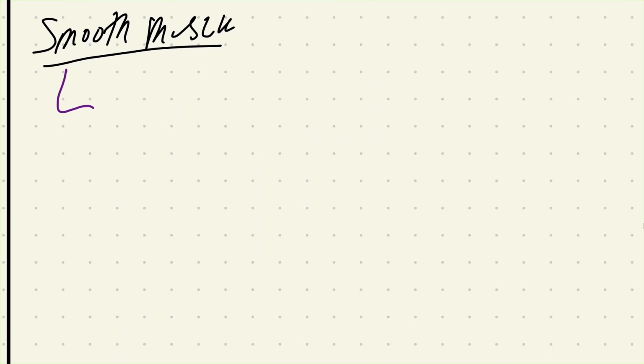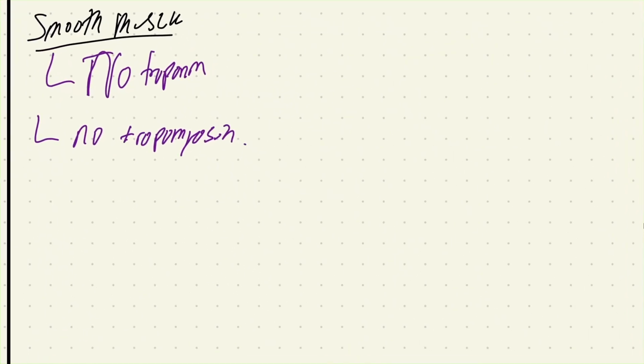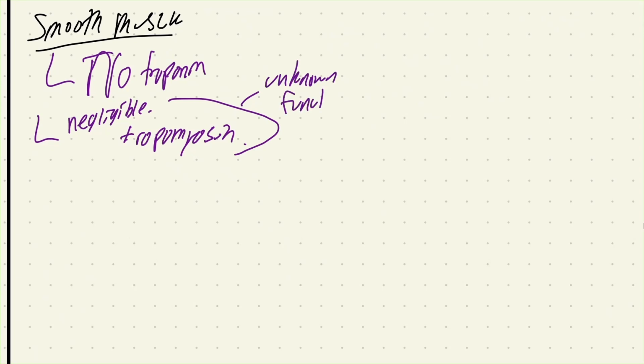So smooth muscle has no troponin, and there's negligible tropomyosin. There is tropomyosin, but we have no clue as to what it does, so unknown function.